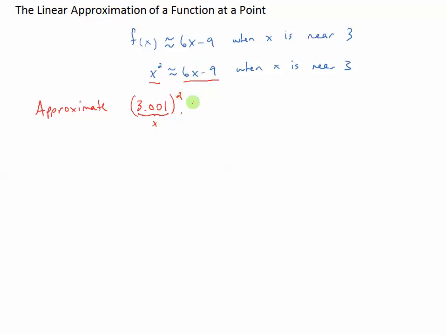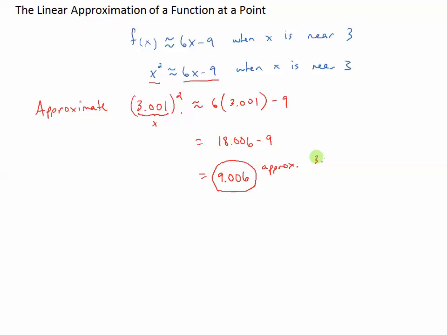So the approximation of that would be approximately 6 times 3.001 minus 9. Well, that equals 18.006 minus 9, which is equal to 9.006.